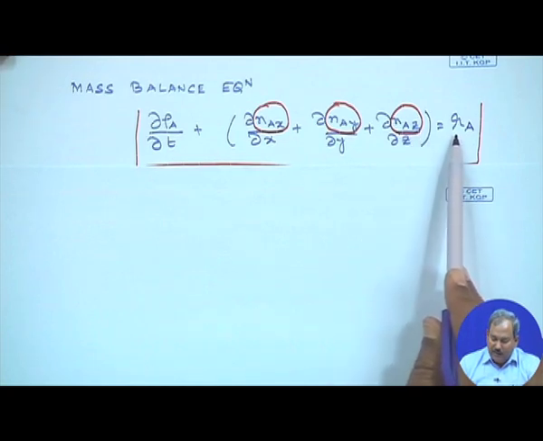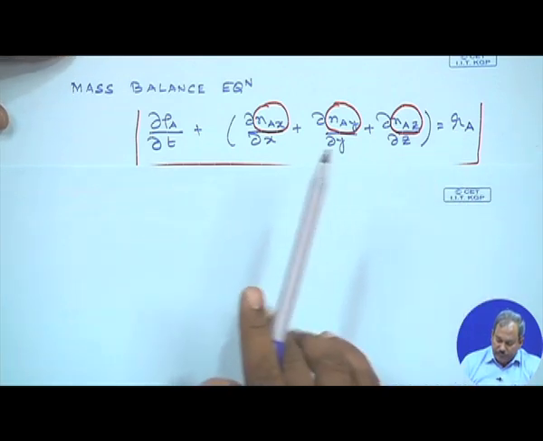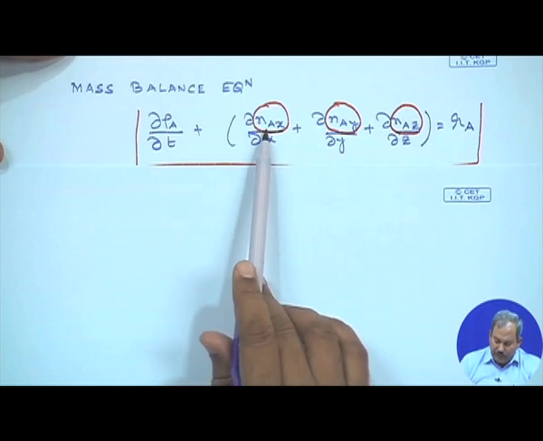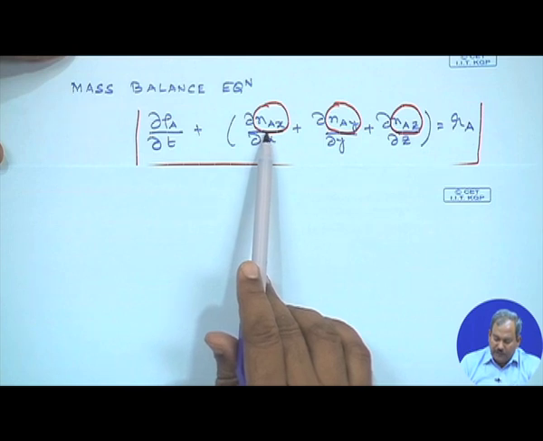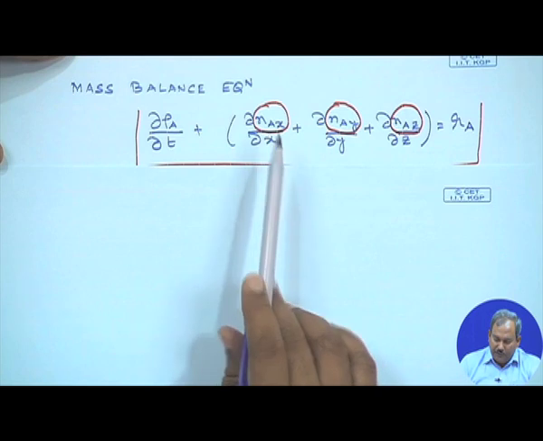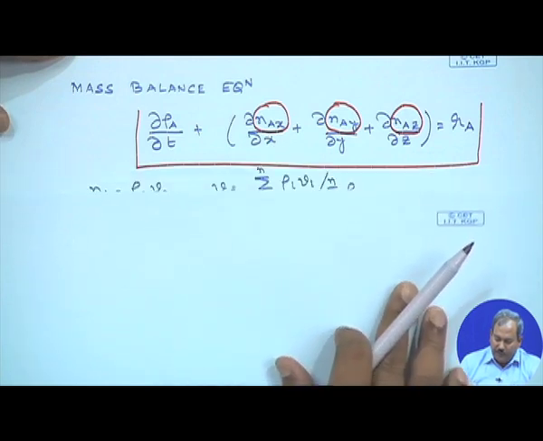And this RA is simply the rate at which A is produced in the volume element as a result of reaction. And we stress once again that this NA contains both the diffusive flux as well as the convective flux, which we have to substitute at some point in future.